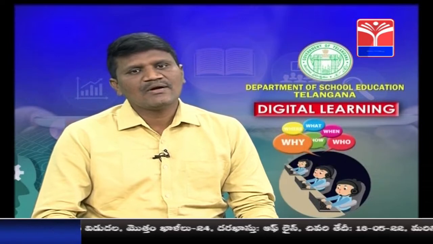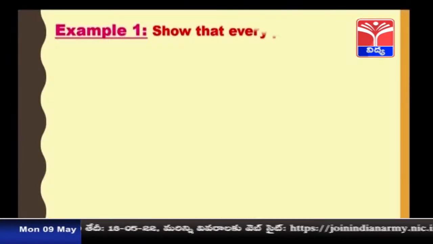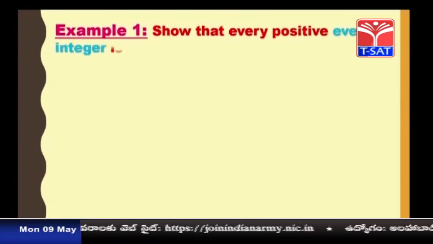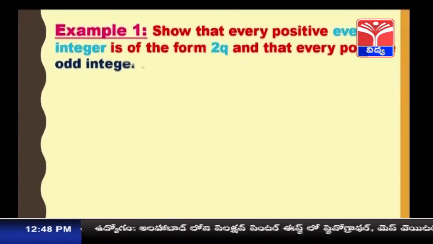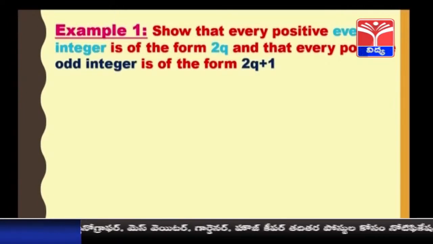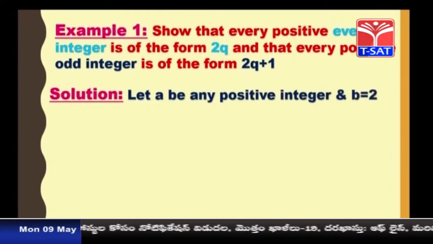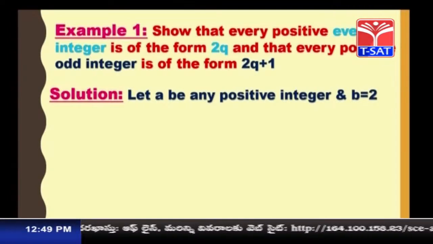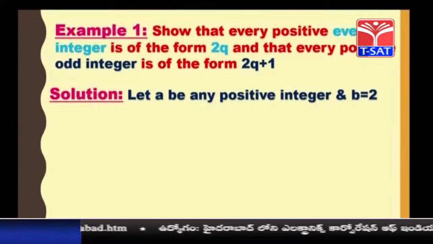Now let us solve the same problem using Euclid's division lemma. The question is: show that every positive even integer is of the form 2q and every positive odd integer is of the form 2q plus 1. The solution: let a be any positive integer and b equal to 2. Whenever it is given as 2q, it is nothing but bq, so I should consider b equal to 2.